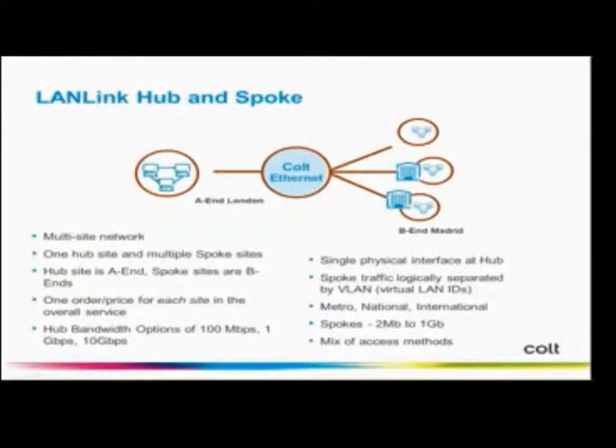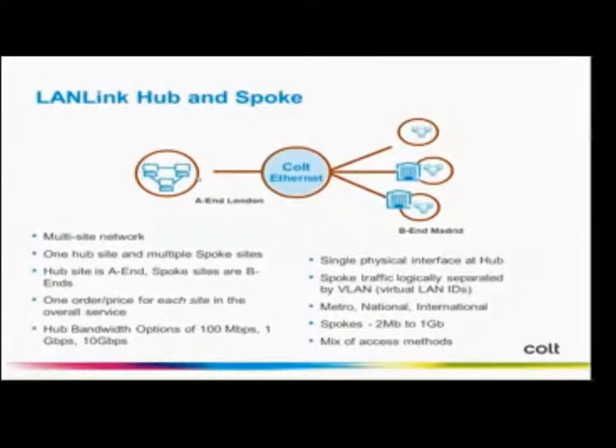Instead of having a point-to-point connection between these two locations and one other here and one other for the third one, we just have one big hub which has, for example, 100 meg, 1 gig or 10 gig, and from that point we just can talk to the other locations which are connected over our network. So this is a good way to connect different locations to one big main site, let's say.